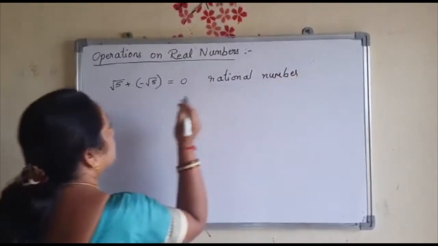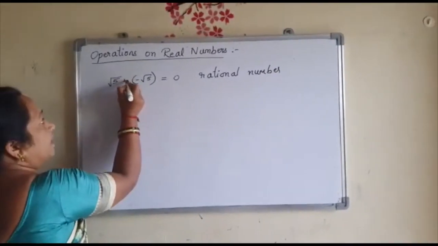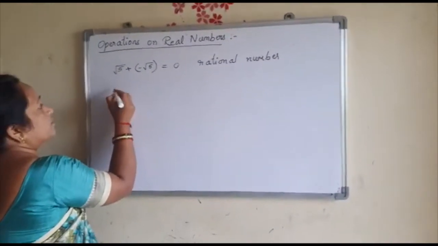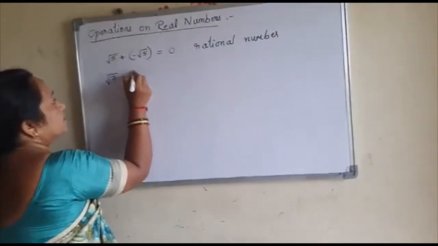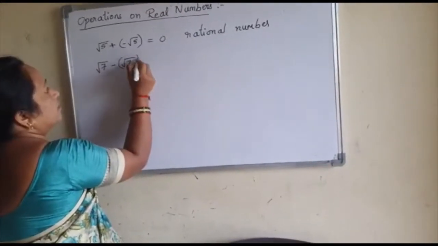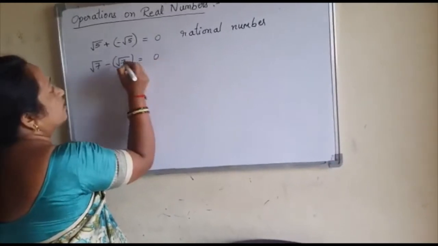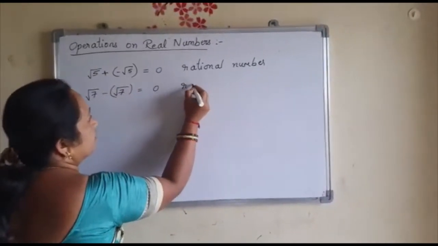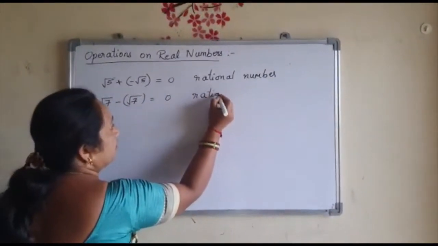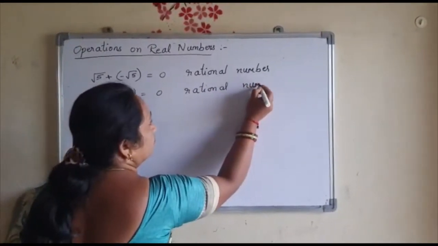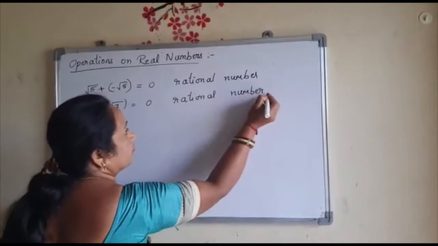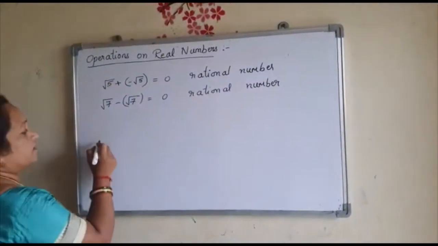Similarly under addition, suppose you take root 7 minus root 7. Root 7 minus root 7 is 0. This is also a rational number.